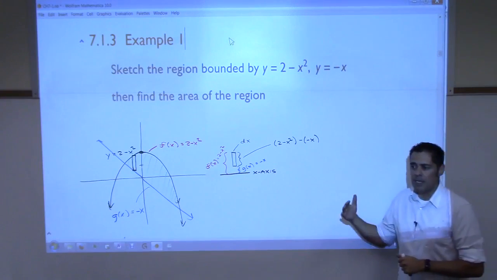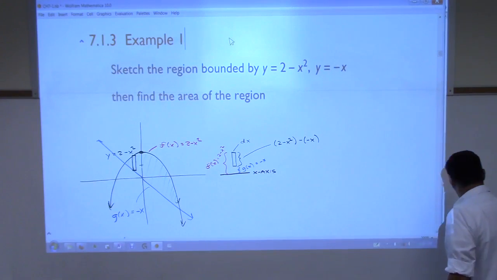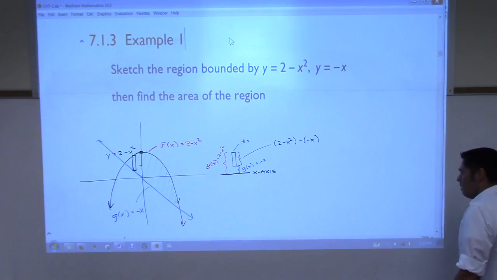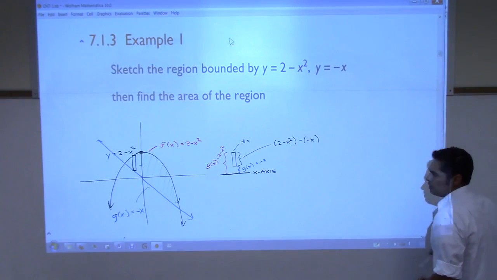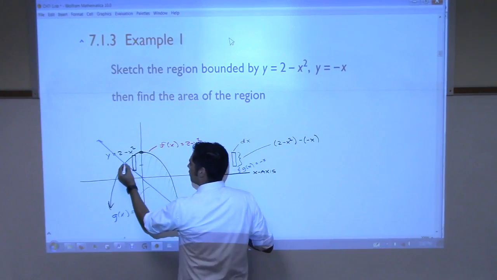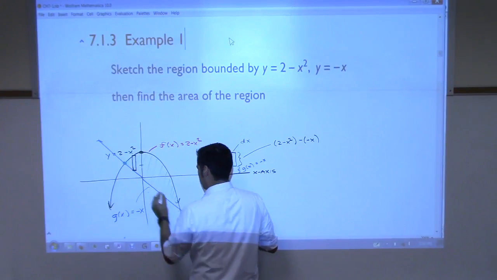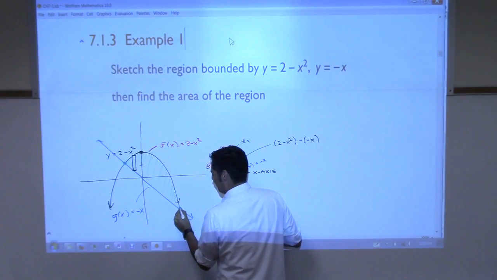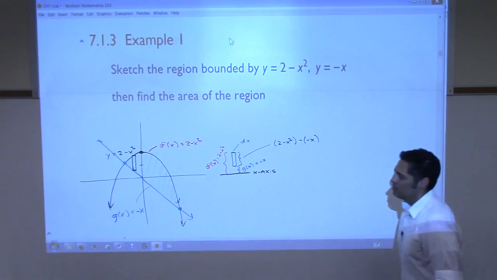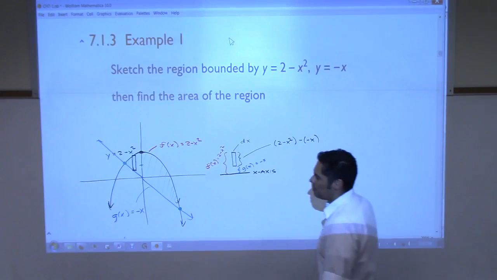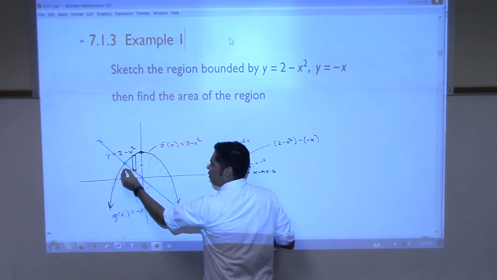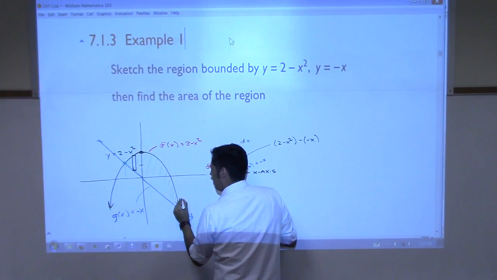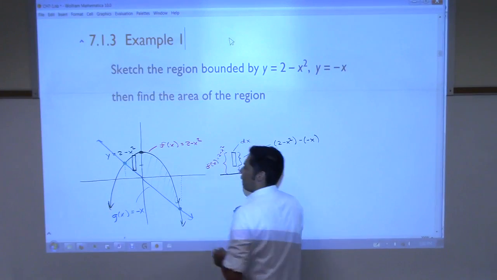We don't know a and b yet. So let's try and find where these two intersect. We're going to find those two intersection points. We're interested in the x-coordinates of those intersection points.